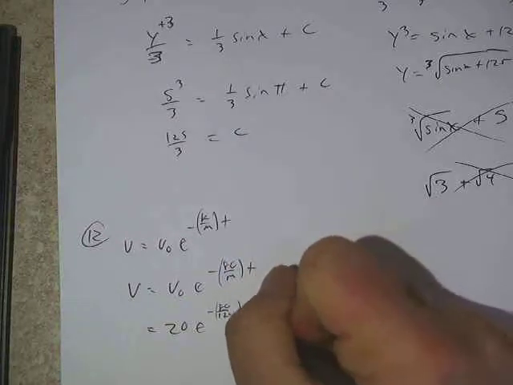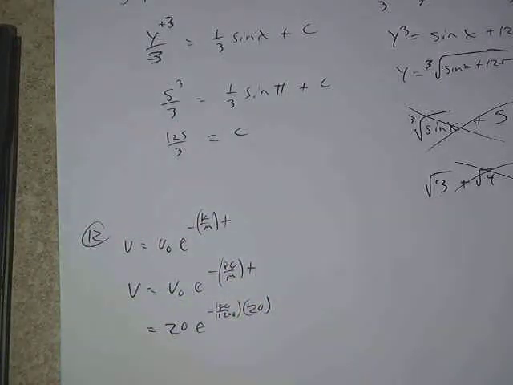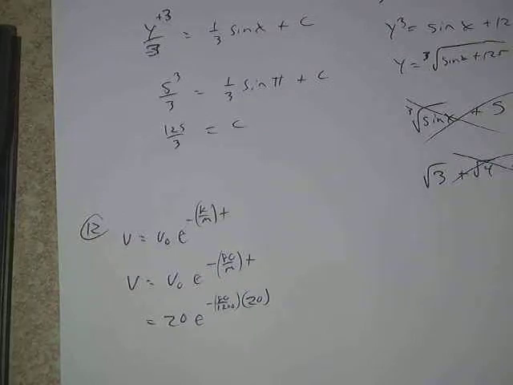Alright, so let's see if we can figure out part A, which says about how far will the car coast before reaching a complete stop, rounded to the nearest whole meter. Keep in mind that with the given information, our initial velocity was 20, right?